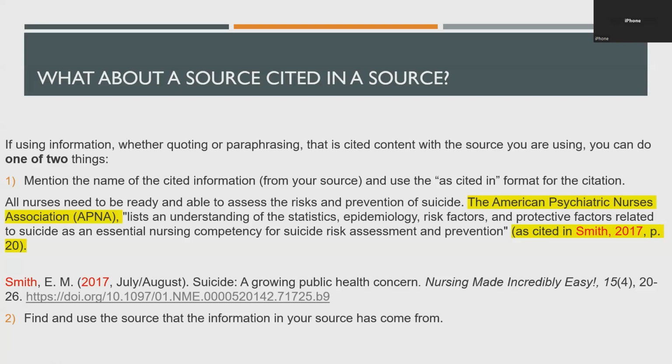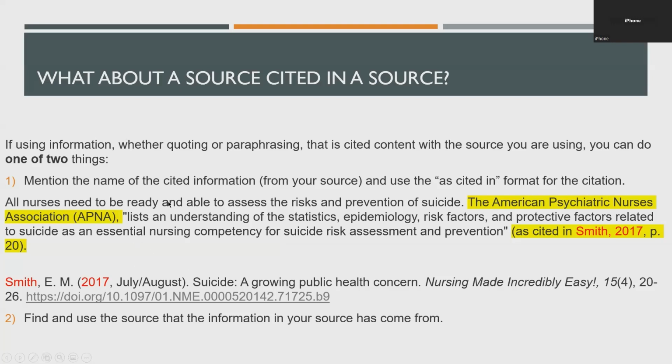So when you're writing an essay or you are trying to be published, or you're maybe doing a very professional presentation, ideally you want to actually track down the original source of information. But if you can't locate the original source for whatever reason, you're going to mention the name of the cited information and then say as cited in. So I'll illustrate this with an example.